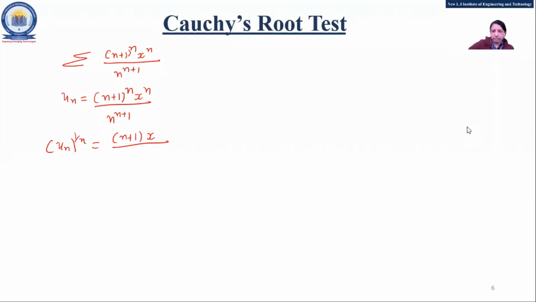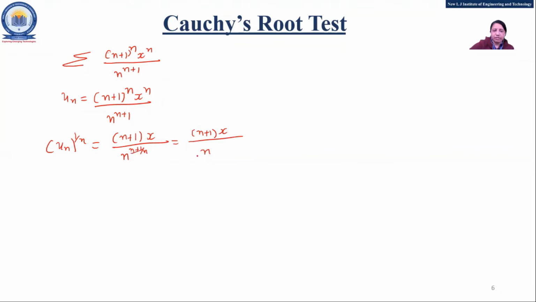Yes, number 41. Maybe it will be n raised to (n plus 1) by n. Yes, n raised to (n plus 1) by n, but we need to do the simplification. (n plus 1) into x upon, it is like this, right?